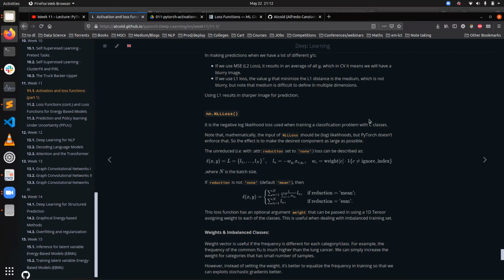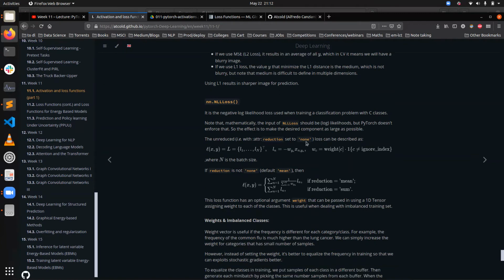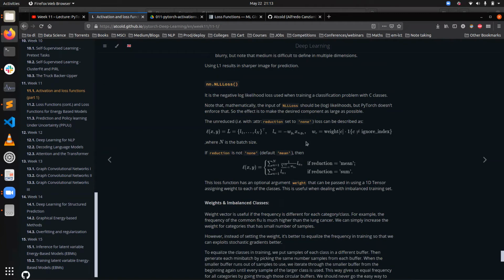So each class would have its own score, and the motive is to increase the score of the correct class. So that is what NLL loss is basically. Yeah, we just want to increase the correct component of the X vector, I mean, make it as large as possible, because that is the score of the correct category.